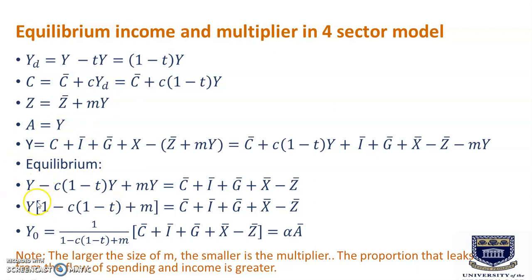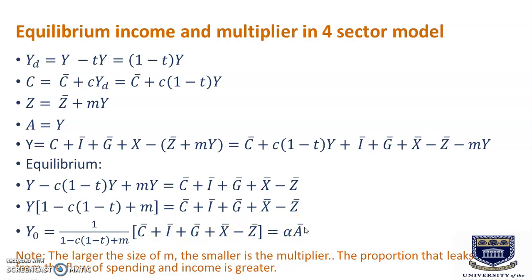By doing so, I end up having, remember there's a 1 in front of this Y, and if I take the Y out, I end up having 1 minus C in brackets 1 minus T plus M. If we take all of this now to the right-hand side, because this is multiplicative, it becomes the inverse, and it becomes 1 over 1 minus C in brackets 1 minus T close bracket plus M. This represents your multiplier or alpha, and in the square brackets over here, we have the total autonomous spending. Note, this is A bar.